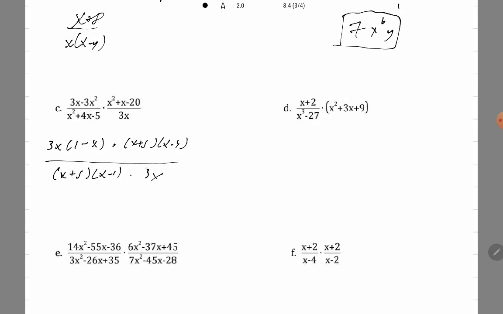So since everything's being multiplied together, I can get rid of this 3x and that 3x, and this x plus 5 and this x plus 5.